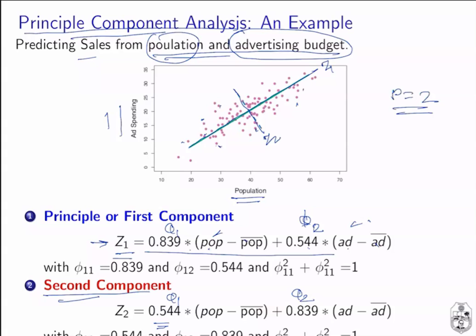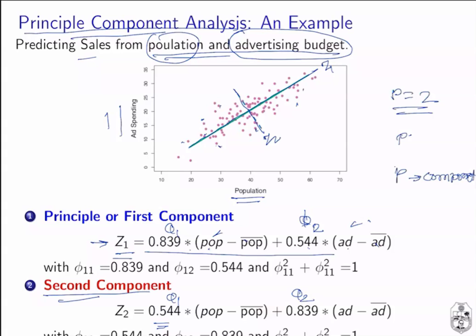If in your data set there are p features, then there are p components. Here, because there are two features, there are two components.